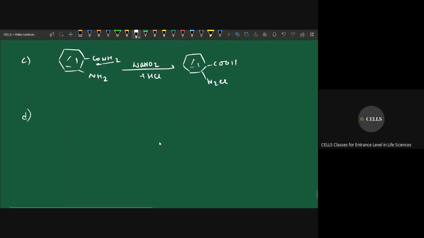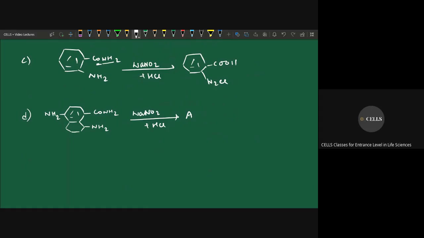Let me make one. Suppose we have this benzene ring. We also have a cyclohexane. Suppose we have this CONH2 over here, NH2 over here, and NH2 over here. We do NaNO2 plus HCl.